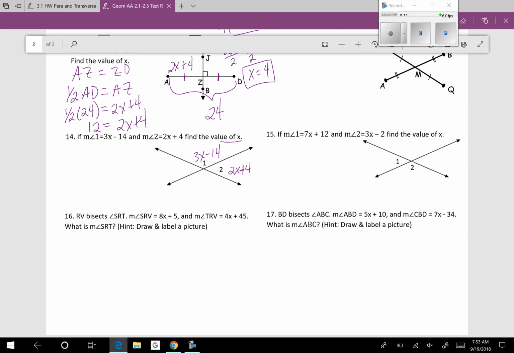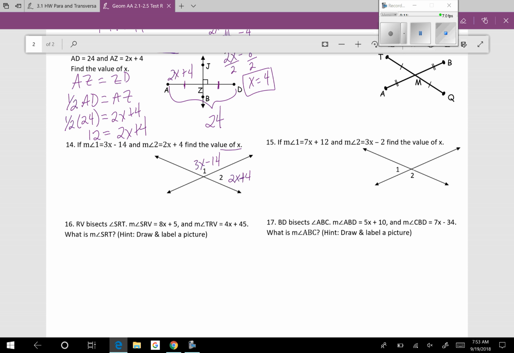Okay, well, we need to understand the relationship between angle 1 and angle 2. Look what they make together. A straight line. So we can say the measure of angle 1 plus the measure of angle 2 is equal to 180 degrees. Because two angles that add up and make a line, it's always going to add up to 180.